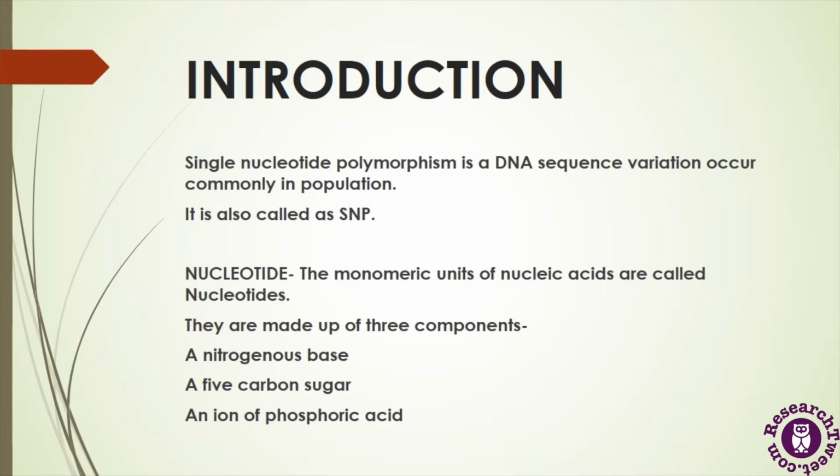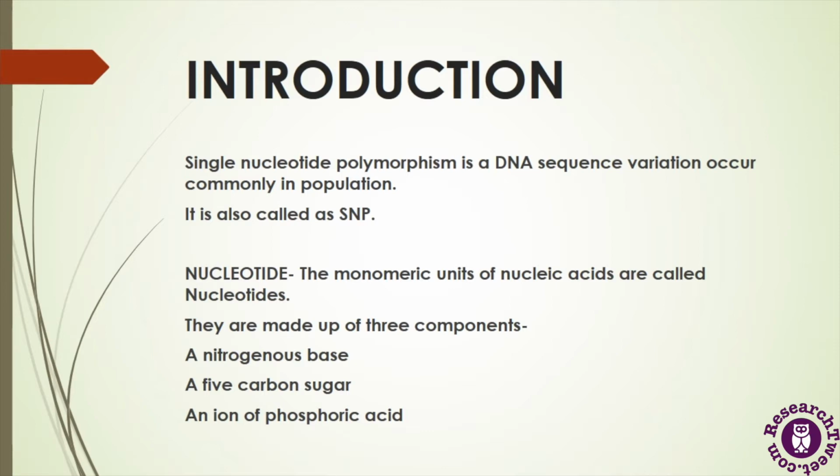They are also called SNPs. Before moving to the topic, let's understand what nucleotides are and what polymorphism is. We know that nucleotides are the monomeric units of nucleic acids.